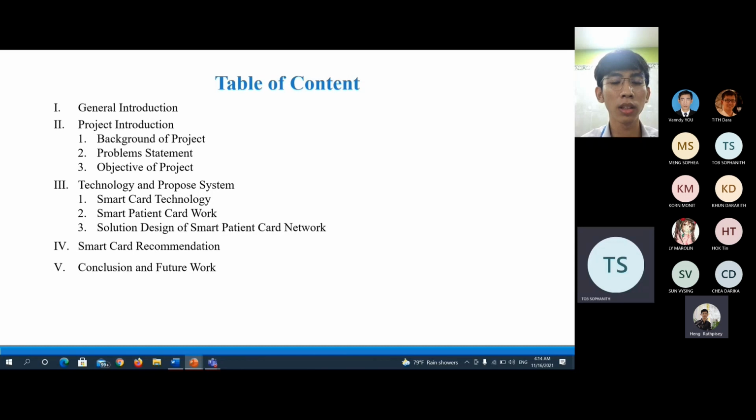For part 3, technology and proposed system, we have first smart card technology, second smart patient card work, and third solution design of the smart patient card network. Part 4, smart card recommendation. And the last part is conclusion and future work.